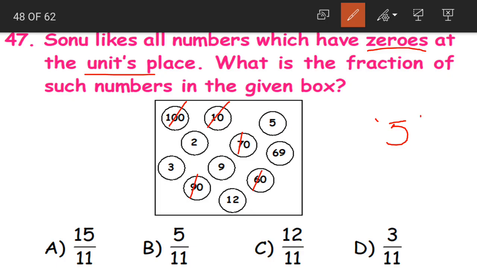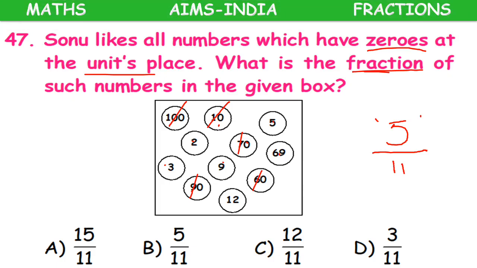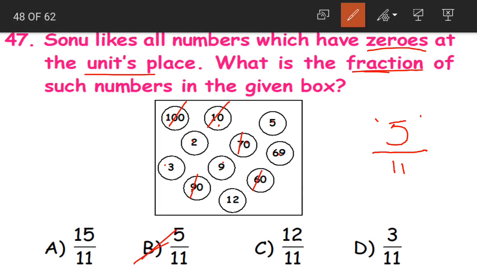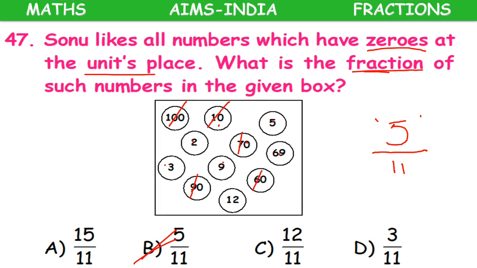So 5 numbers have 0 in the units place, children. We want the fraction, right? So 5 divided by the total number of numbers. 1, 2, 3, 4, 5, 6, 7, 8, 9, 10, 11. 11 becomes our denominator. So option B, 5 by 11 becomes our correct answer.